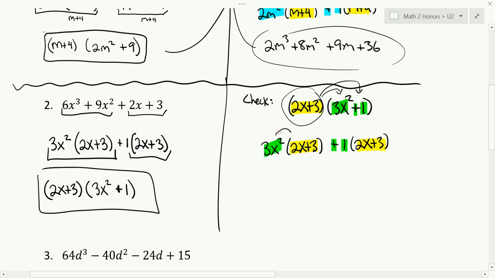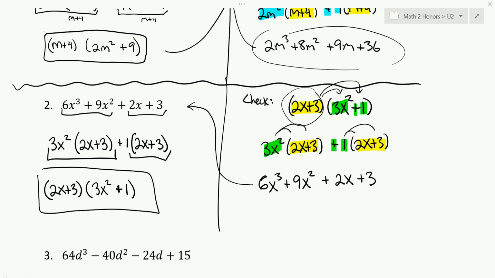And then we distribute one more time. And we get 6x to the third plus 9x squared plus 2x plus 3, which matches what we started with. And so again, it gives you the confidence that our factoring was correct.